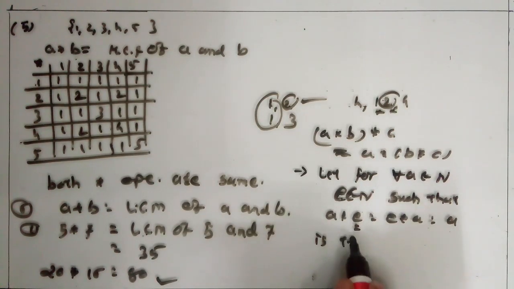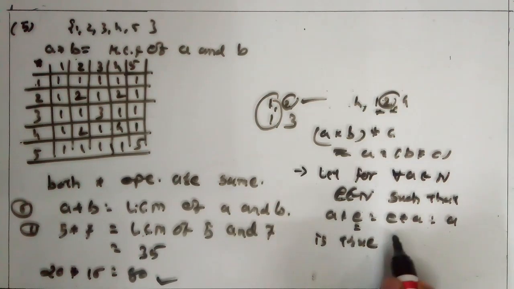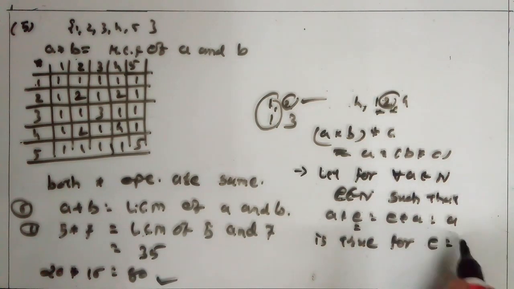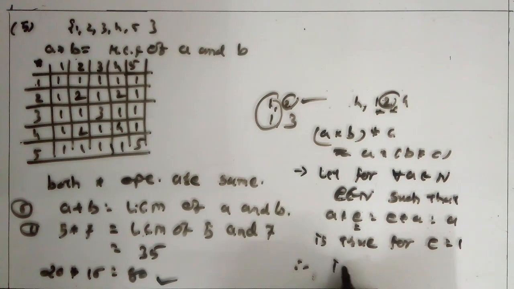It is true for E equal to 1. Therefore, the identity is 1. Clear this?